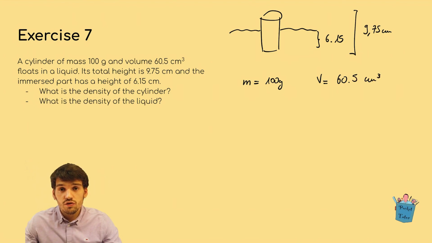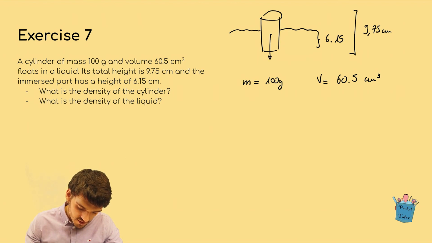In order to solve this problem, we need to recall Archimedes' law, or Archimedes' thrust, which says that when a body is immersed in a fluid, it feels an upward force equal to the weight of the fluid that is being displaced. This means that if we represent all the forces acting on the cylinder, we will have its weight and Archimedes' thrust.